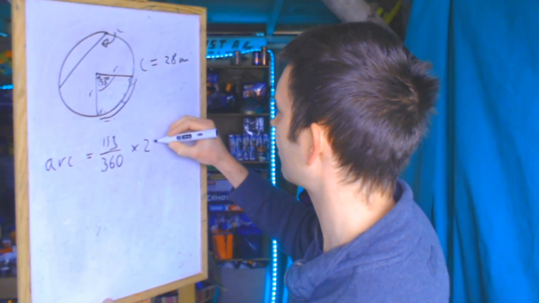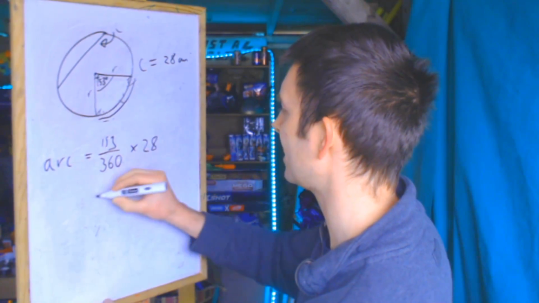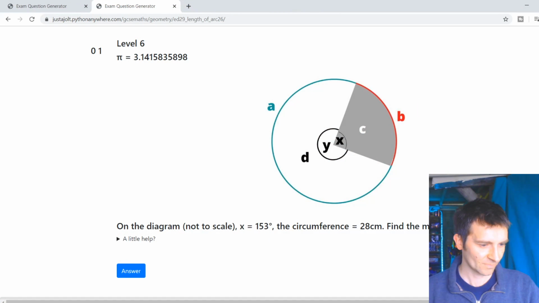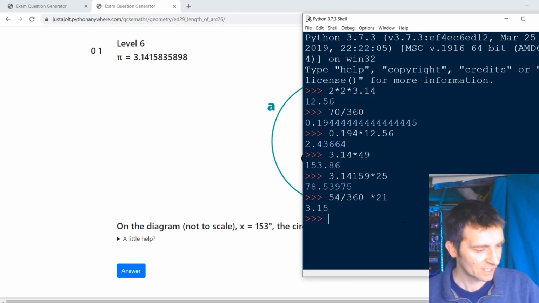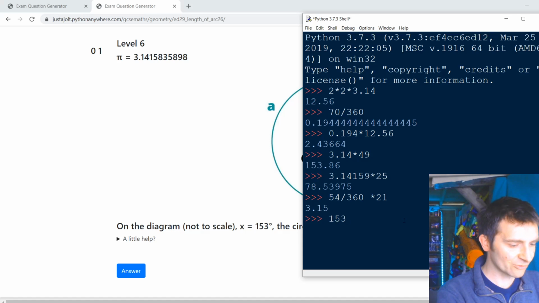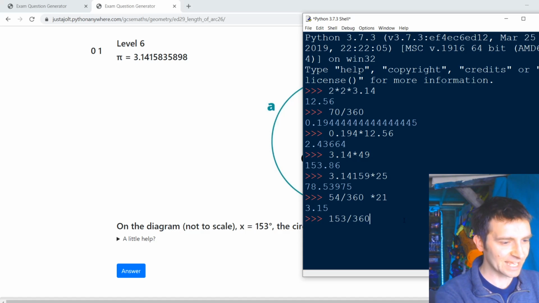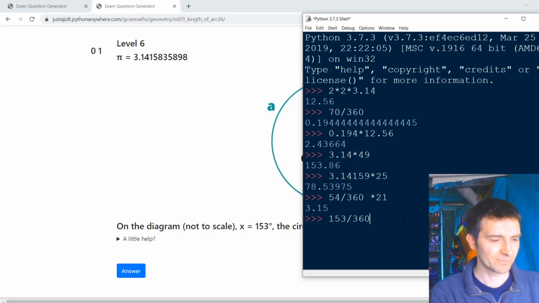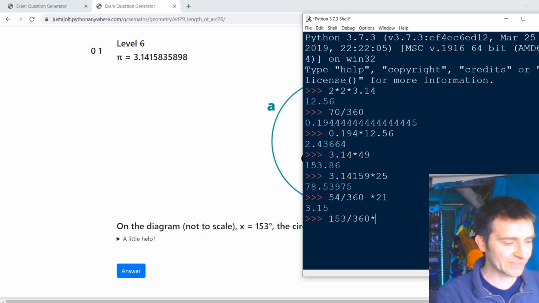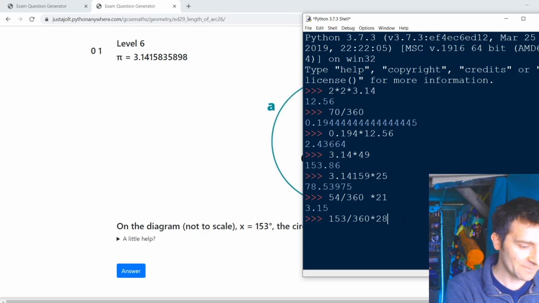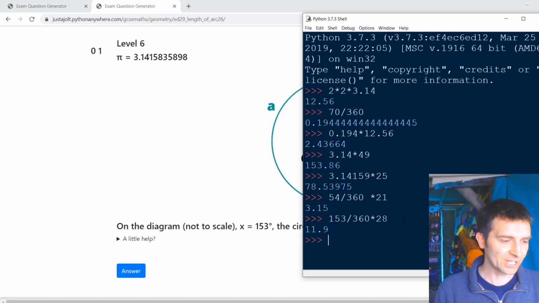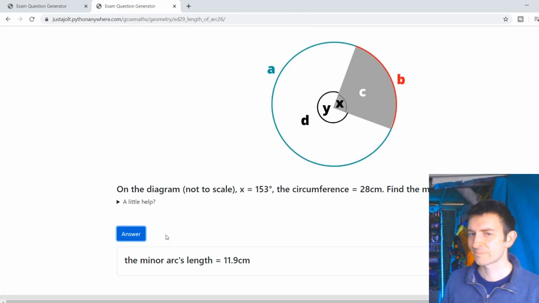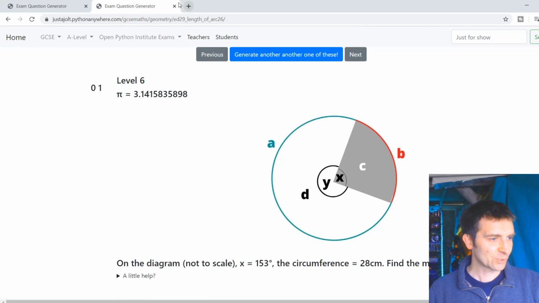So 153 divided by 360 times 28. Let's go ahead and calculate that now. So again, I'm doing the calculations here. You've got 153 divided by 360 to get the proportion of the whole circumference that we want, and then multiplied by the total circumference, which is 28. So our answer is going to be 11.9 centimeters. And let's just see if that's the same answer as we get here, 11.9 centimeters. Let's move on to our next question types.